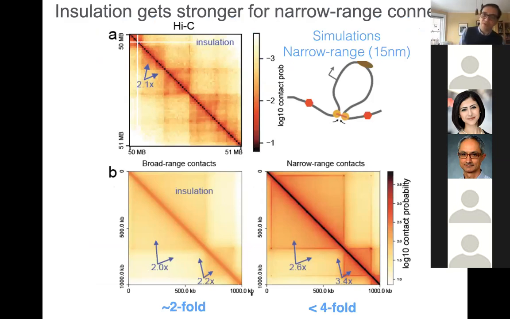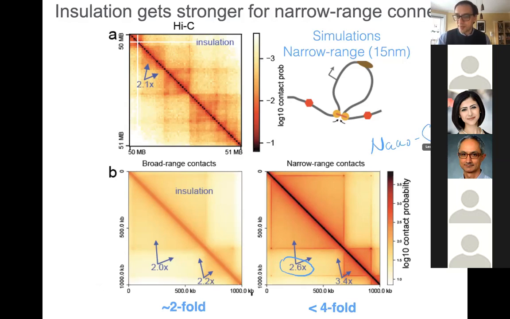So it does not really resolve the problem of modest insulation. Insulation is about 2-fold in Hi-C, and insulation remains about 2 to 3-fold in Micro-C, and it remains about 2 to 3-fold even in our simulated nano-C.